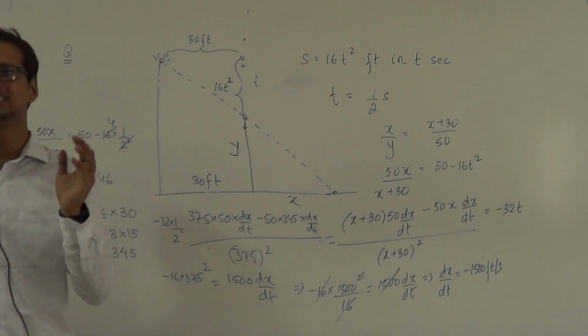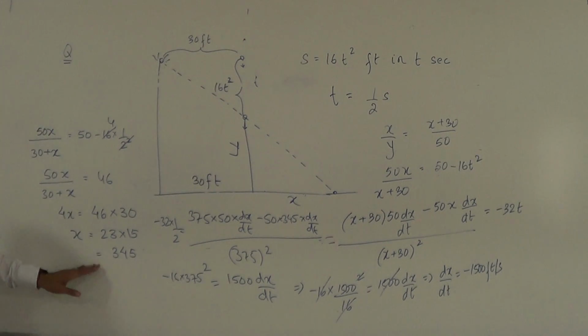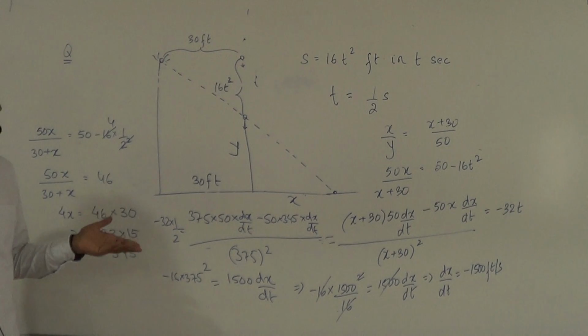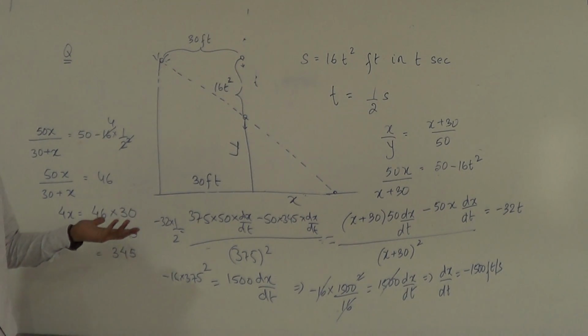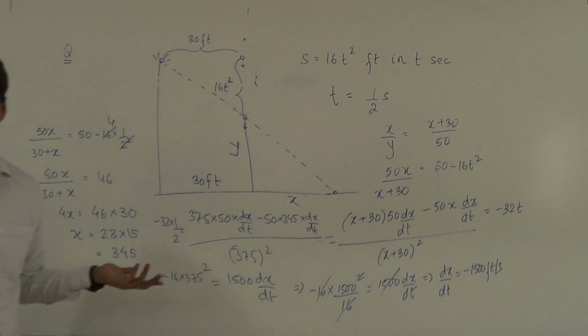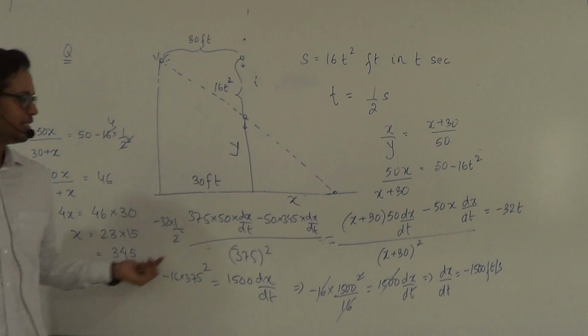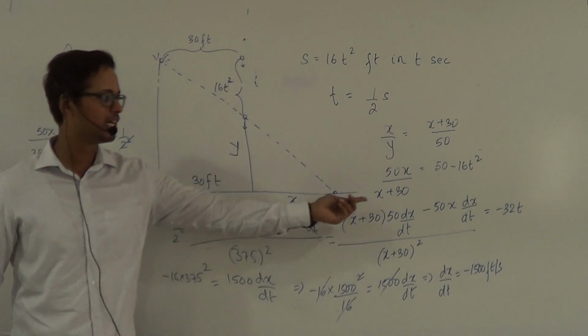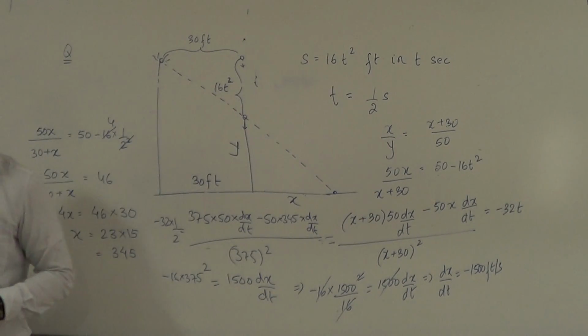The instant was t is half and x was 345, 345 what? Feet. Yeah, 345 feet, correct? So that I substituted in this entire differentiated part and I got the unknown which is dx by dt. Make sense?